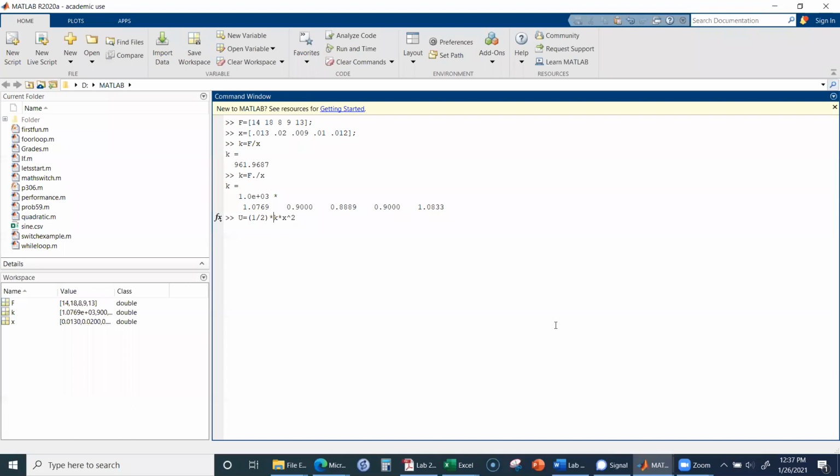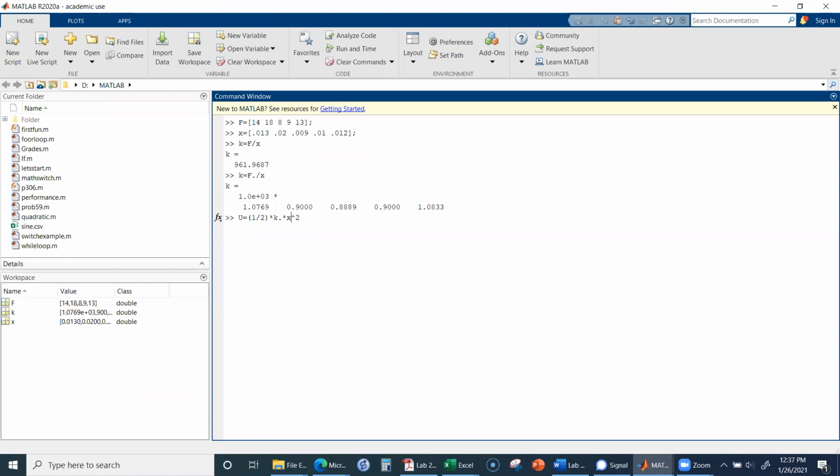So therefore, we will put a dot over here to indicate that the matrix k is multiplying with matrix x element by element. Similarly for x, we are taking the square.